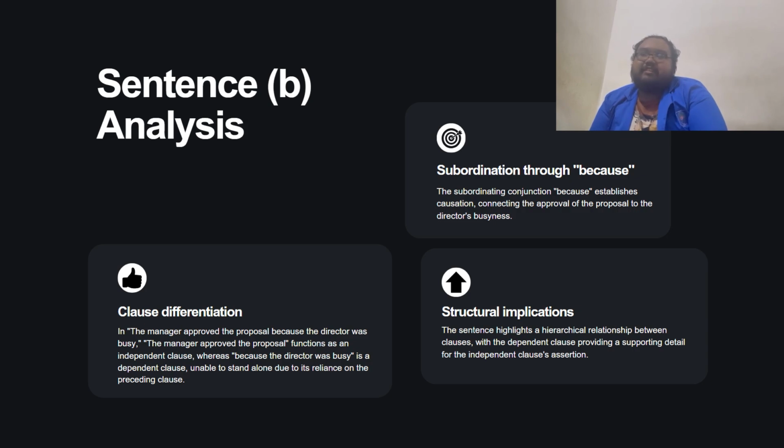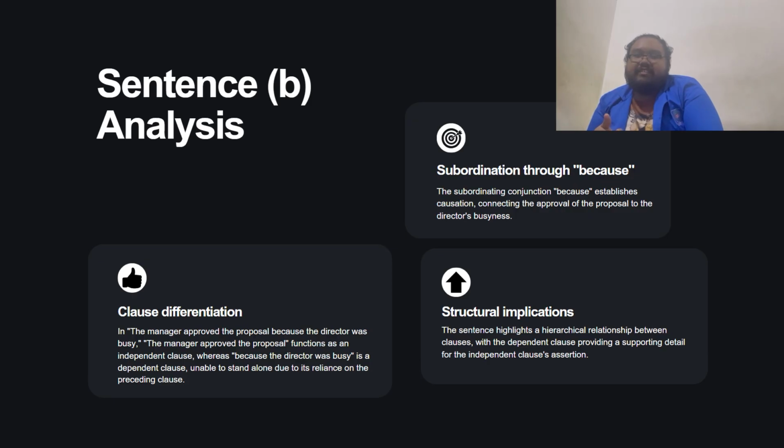Subordinating conjunction: the subordinating conjunction "because" establishes causation, connecting the approval of the proposal to the director's business.